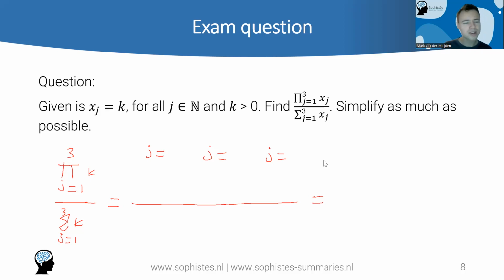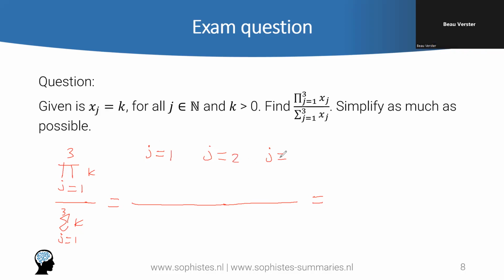Okay. Bo, would you like to help me to answer this question? Yeah, sure, but I didn't know it, so I have no idea. Okay, let me help you. Do you know what the first value of j will be? 1. And the second value? 2. And the last value? 3.